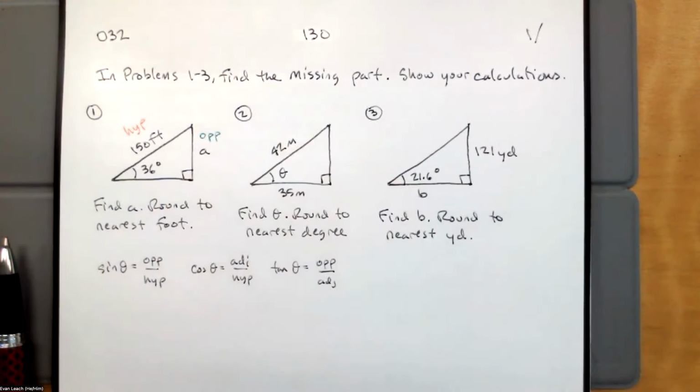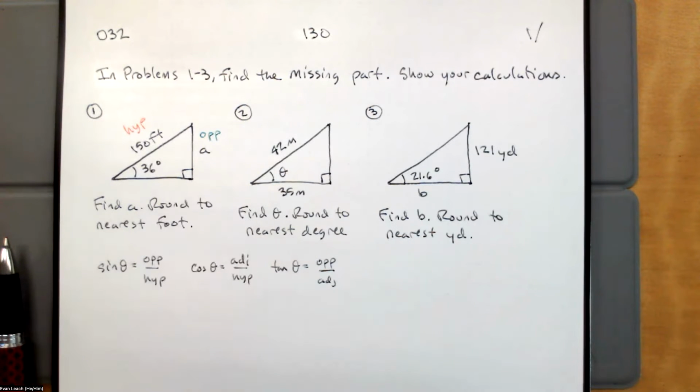Imagine standing in that 36-degree angle with a hand on each of the sides that make that angle, and think about what side you're looking at. That will be the opposite side. If we stand at the right angle with our hands on the 2 legs, we will be looking at the hypotenuse, looking straight ahead. Don't be like, well, if I look over here, then I'll be looking at something else. What would you be looking at looking straight ahead?